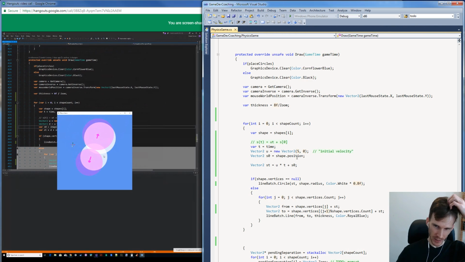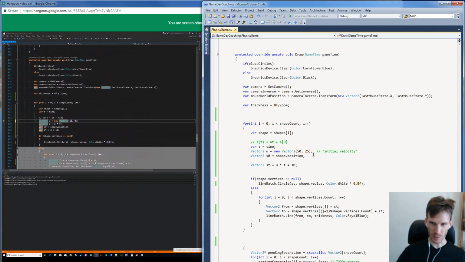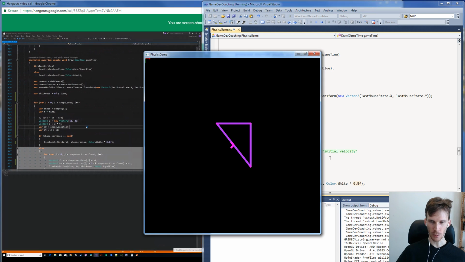Excellent. That's exactly what we wanted. And we can now change this. Let's make this a bit bigger, so we get some oomph into it, and maybe we'll set this to 25. So we can now set an initial velocity, and now we have this formula that moves stuff around, which is exactly what we wanted.